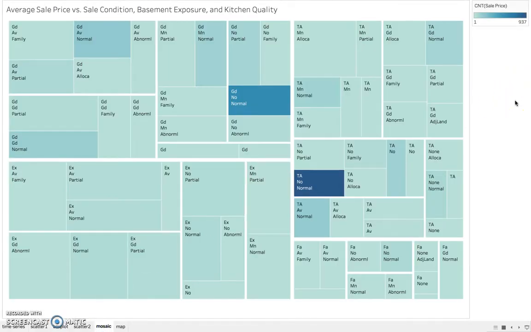As for multiple categorical variables, we do a Mosaic plot for sales condition, basement exposure, and kitchen quality.